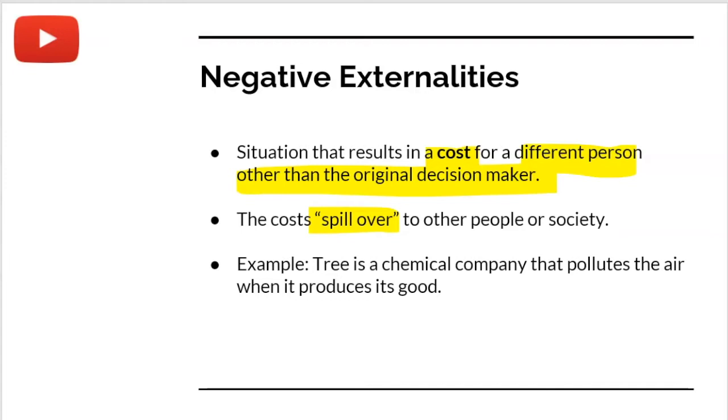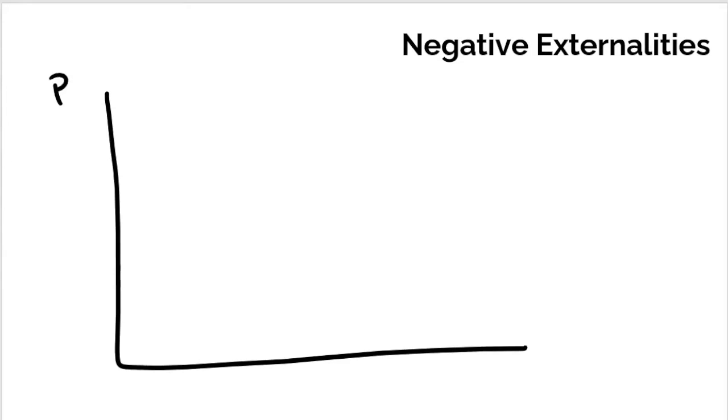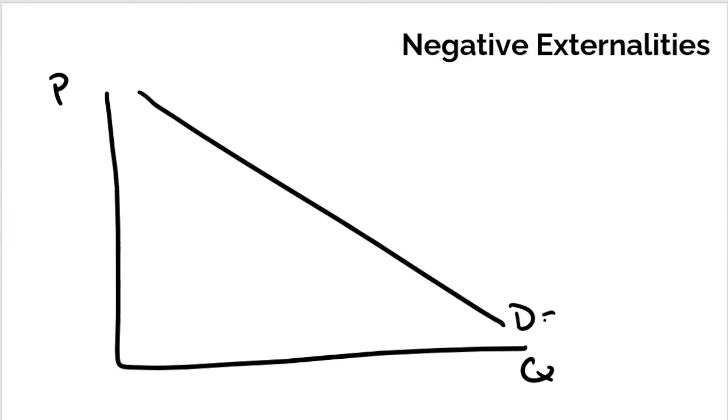Well, what does it look like on a graph here? We're first going to start off with our axes, just price and quantity. We're going to start off with our downward sloping demand curve, which remember is also our marginal social benefit. Marginal social benefit is just how much benefit society receives from the consumption of that good.